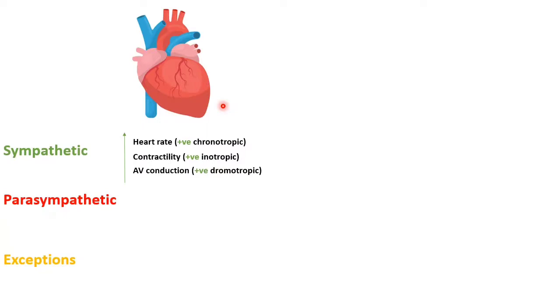Okay, so sympathetic increases heart rate, contractility and AV conduction. It has positive chronotropic, positive inotropic, and positive dromotropic effect. And heart rate, contractility and AV conduction, those are all cardiac properties. So sympathetic increases all cardiac properties.